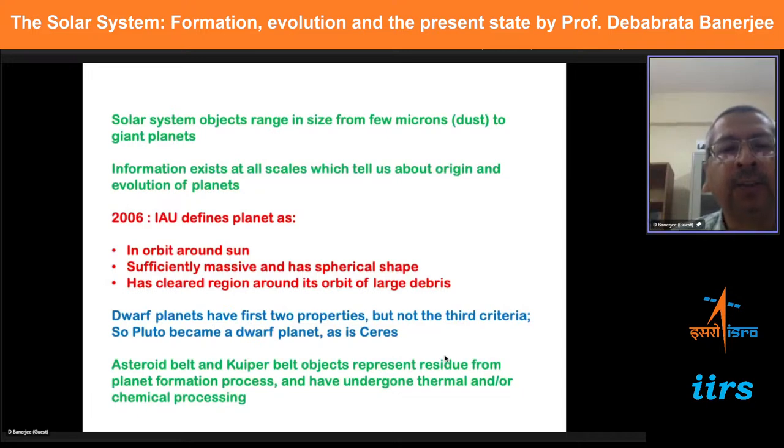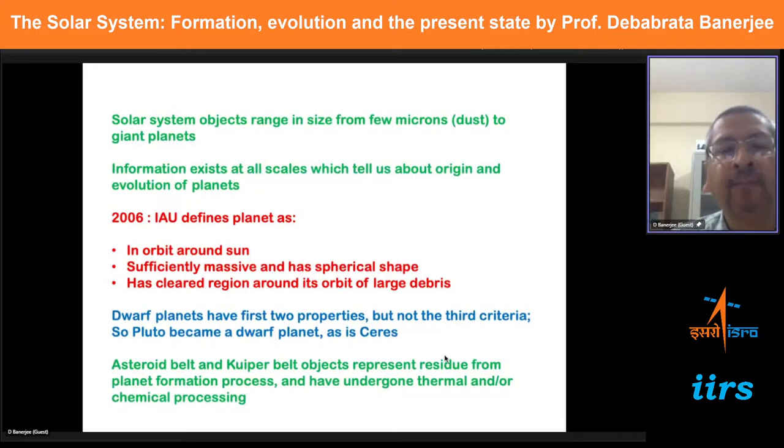Now, as you are aware, in 2006, the International Astronomical Union brought out a very well-defined concept of a planet, which is basically that it should orbit around the sun, should be sufficiently massive and have a spherical shape, and it should have cleared the region around its orbit of large debris.